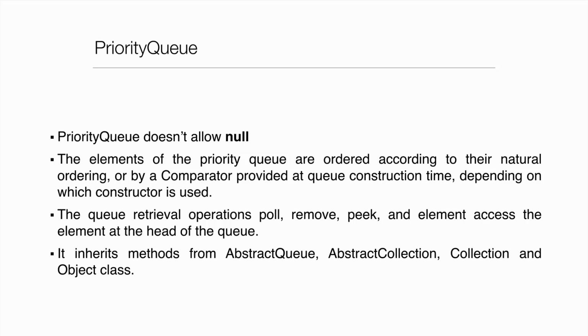So, I mean, that's pretty simple. It inherits methods from abstract queue, abstract collection, and the object class. All right, so that is in general the priority queue. So the two most important things to note here are that it doesn't allow null, and the order of the elements sorting, which is what we're going to be going over in more detail right now. So let's go and get into that.